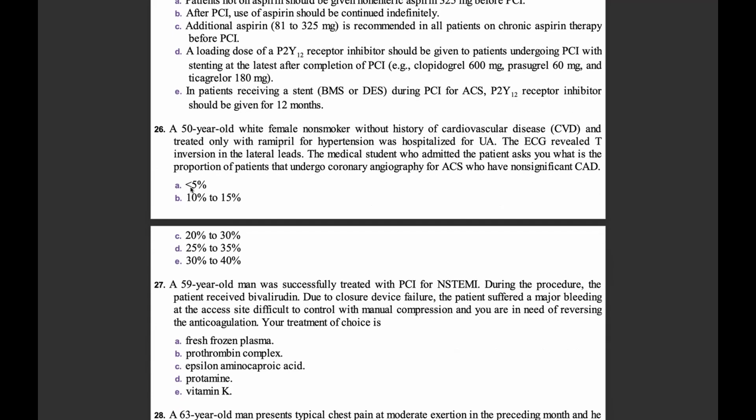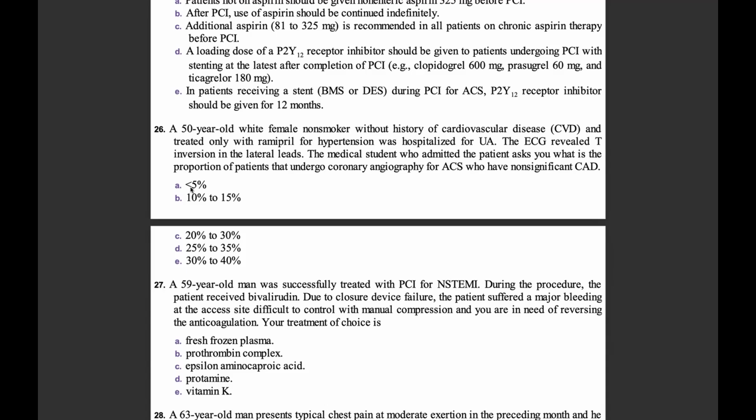The medical student who admitted the patient asks you what is the proportion of patients that undergo coronary angiography for ACS who have non-significant coronary artery disease. Option A says less than 5%, B 10% to 15%, C 20% to 30%, D 25% to 35%, and E 30% to 40%.